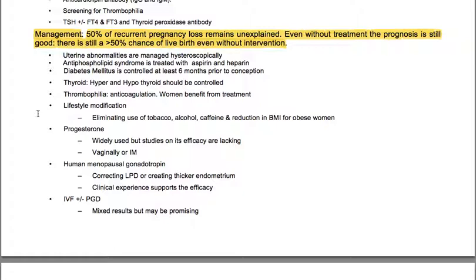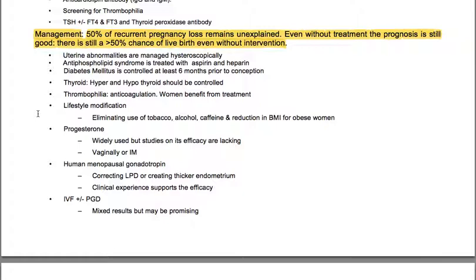Lifestyle modification: eliminating use of tobacco, alcohol, caffeine, and reduction in BMI for obese women. Progesterone, widely used, but studies on its efficacy are lacking. Can be applied vaginally or intramuscularly.